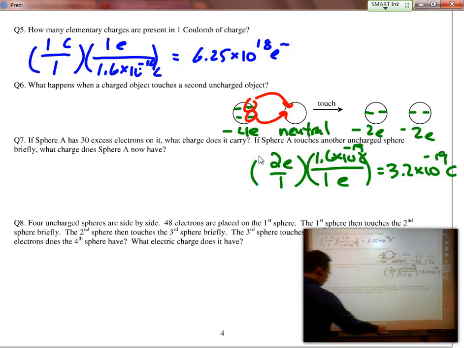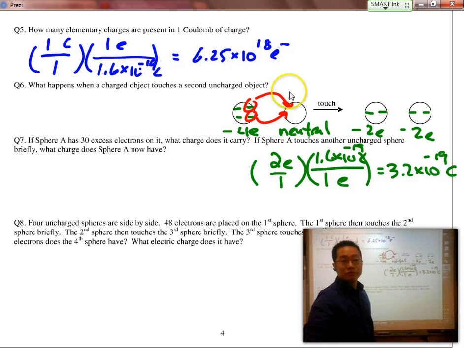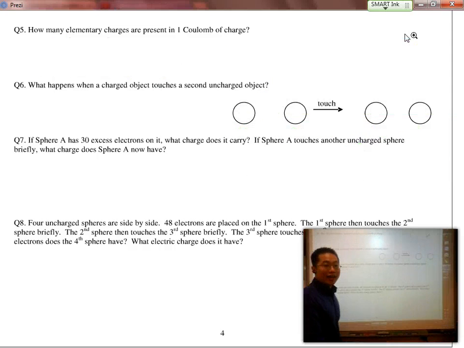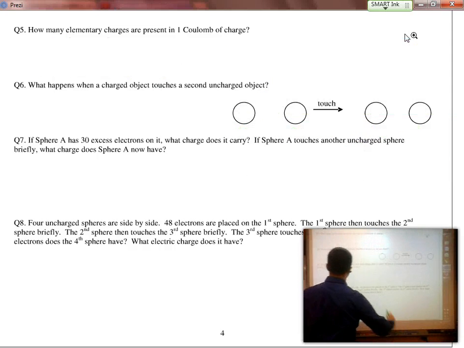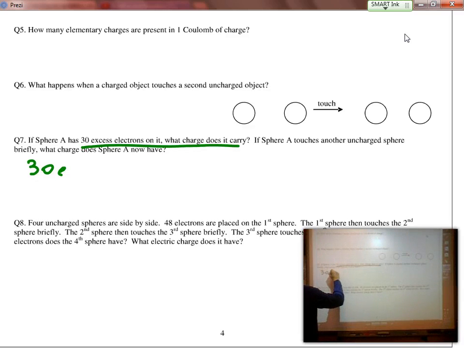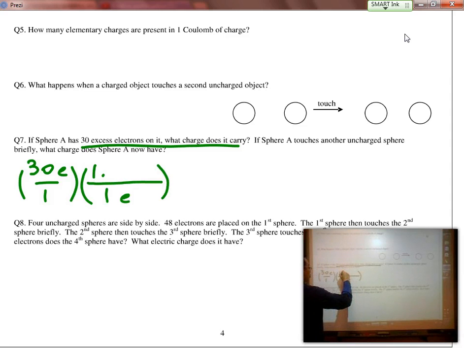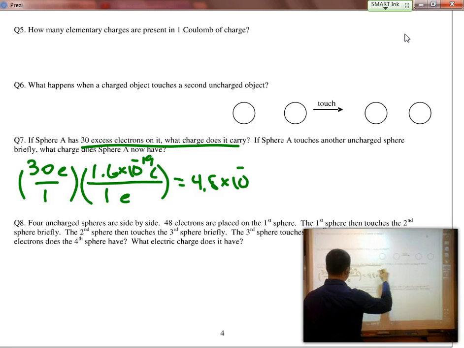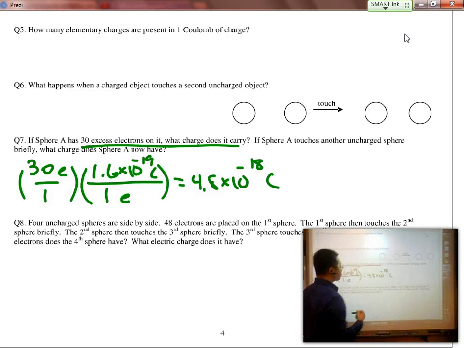If we take a look at the next example, sphere A has 30 excess electrons on it. What charge does it carry? Well, 30 electrons. 1 electron is 1.6 times 10 to the negative 19 coulombs, which would equal 4.8 times 10 to the negative 18 coulombs.